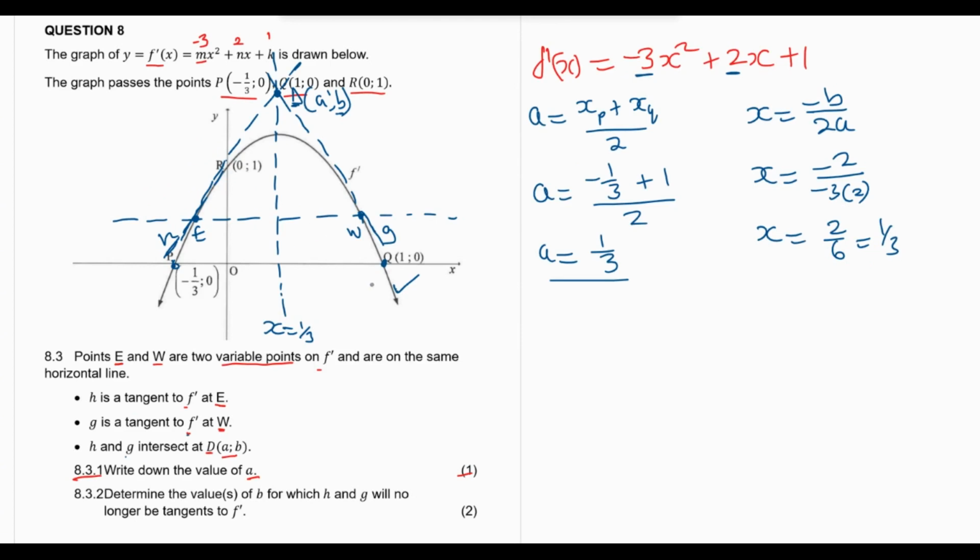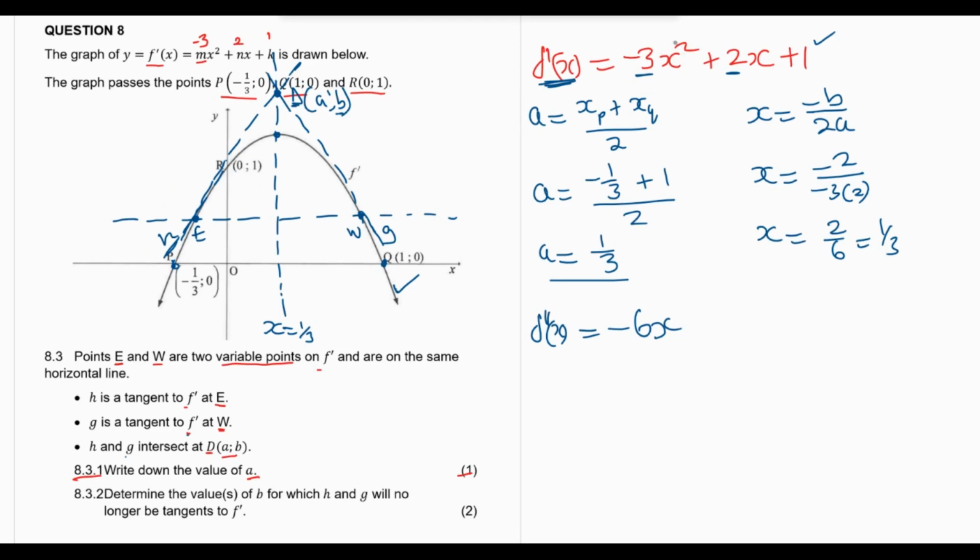Or you can derive this. This is a parabola. To get the x-coordinate of the turning point, we can derive this function and then equate it to 0. The second derivative, which is the first derivative of this, is equal to -6x.